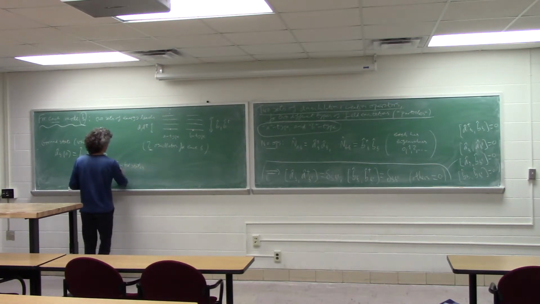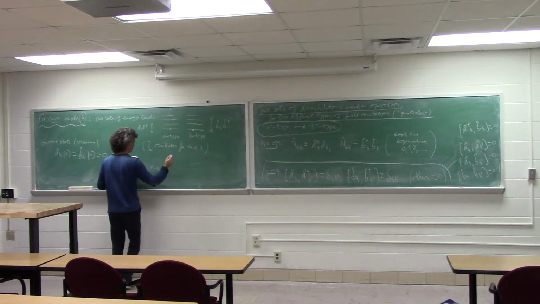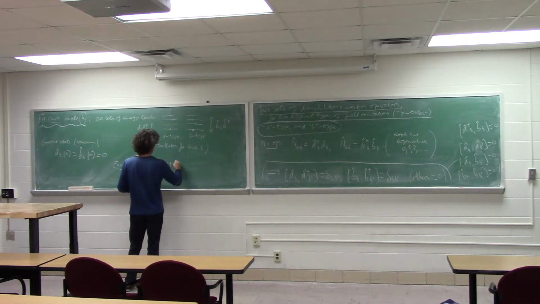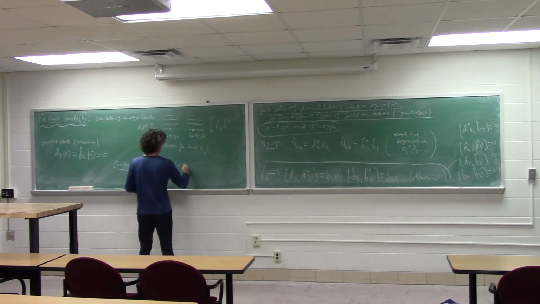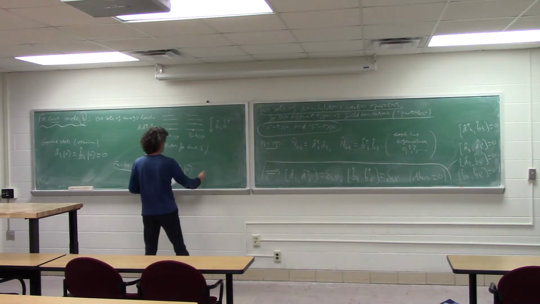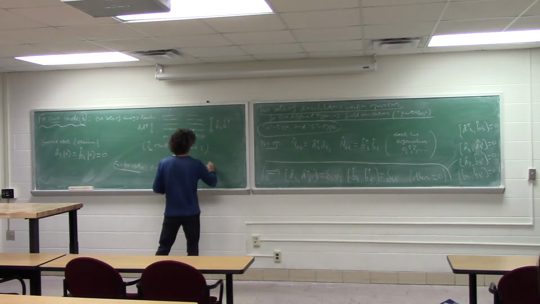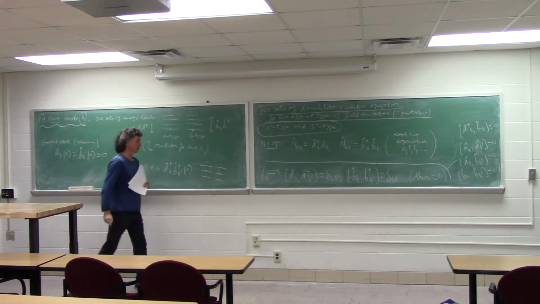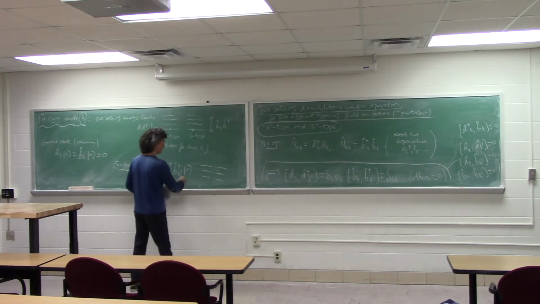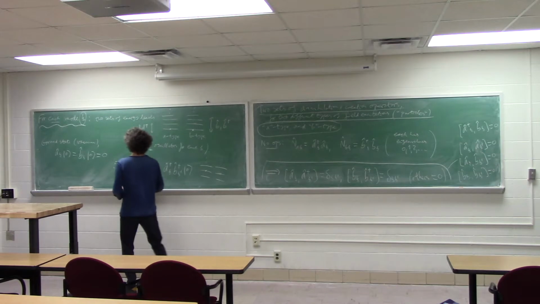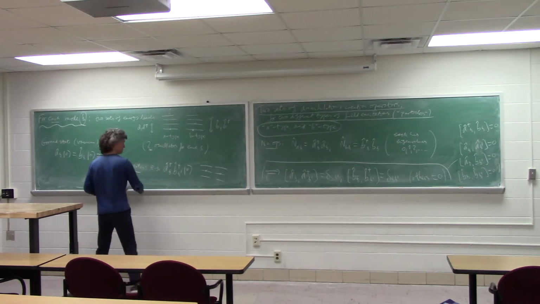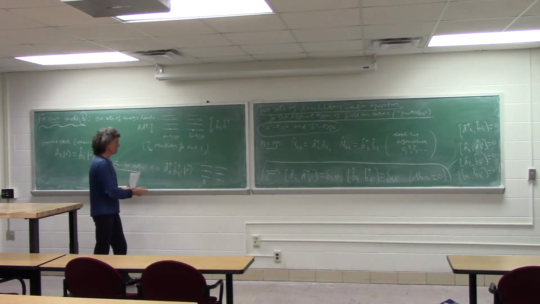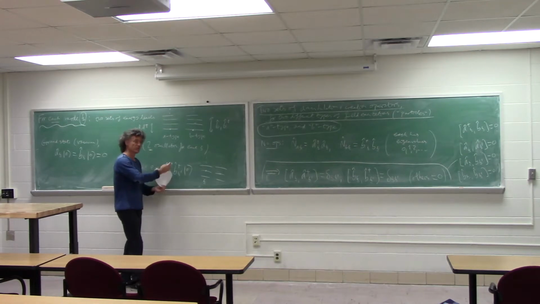Excited states. For example, here I've got an A-type particle with momentum k. I'm looking at two different modes, two different wave vectors. For the wave vector k, the A-type oscillator is excited.